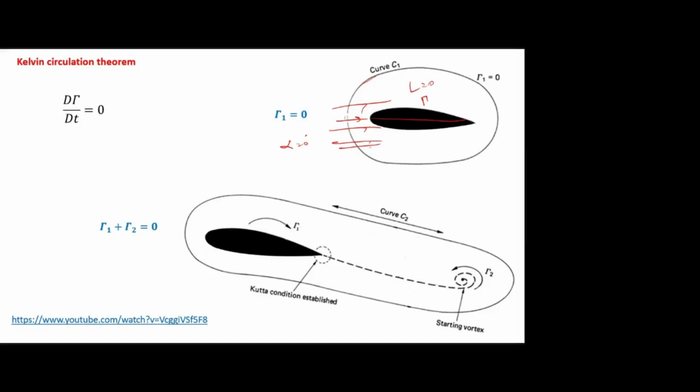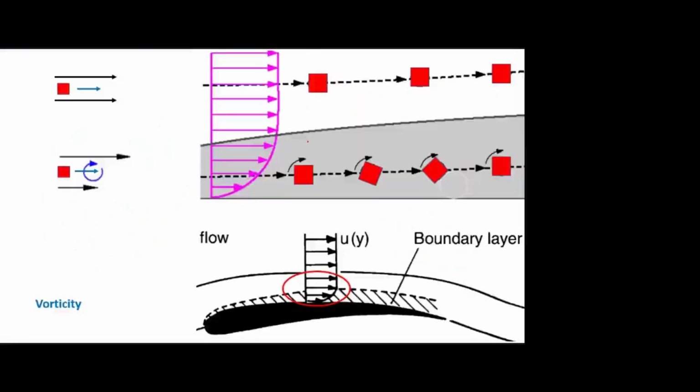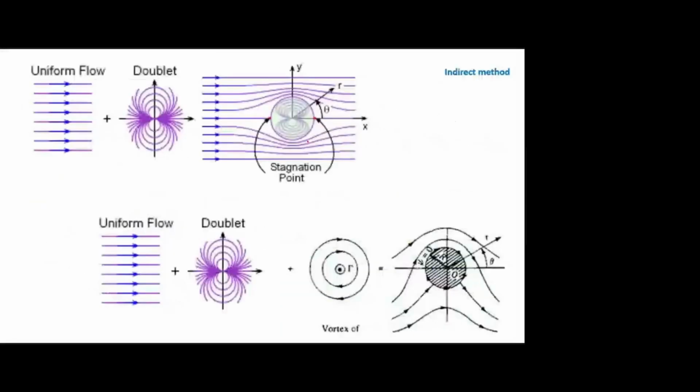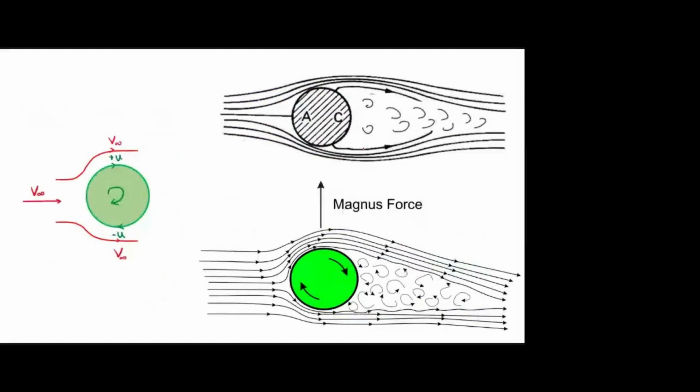Already I told you, whenever you want to simulate a lifting flow, you have to take the vortex. Then only can we simulate the lifting flow. The strength of the vortex is capital gamma. We have the relation lift is equal to rho V circulation.